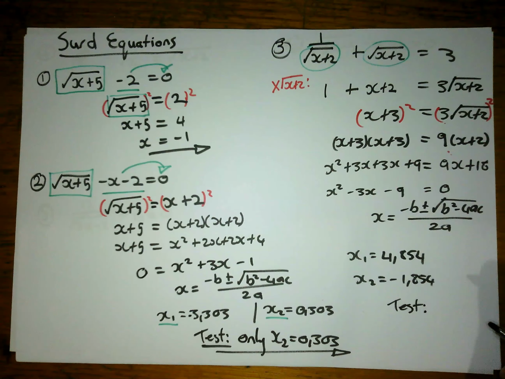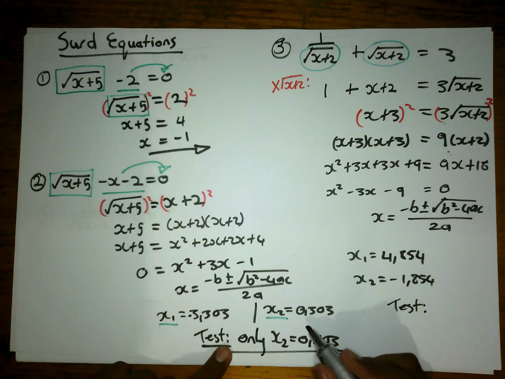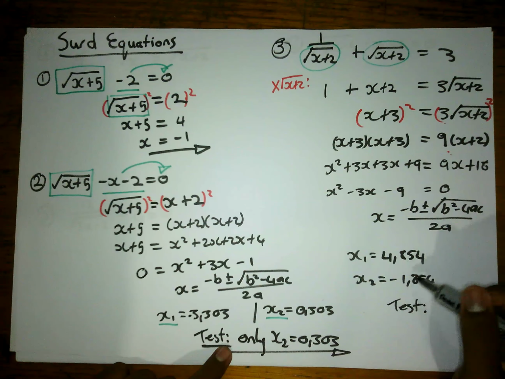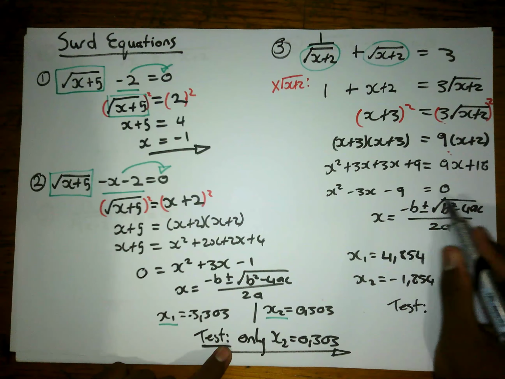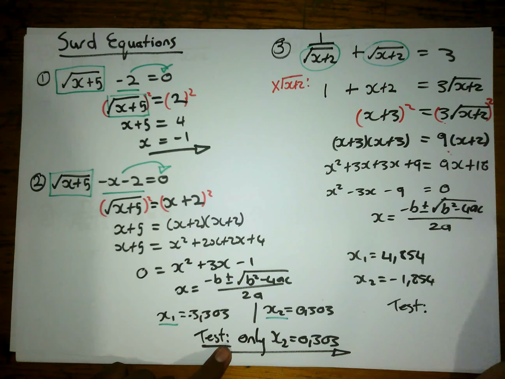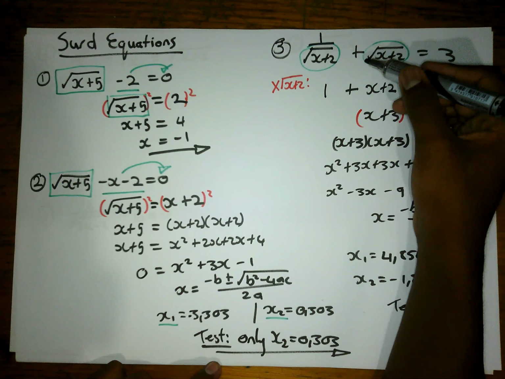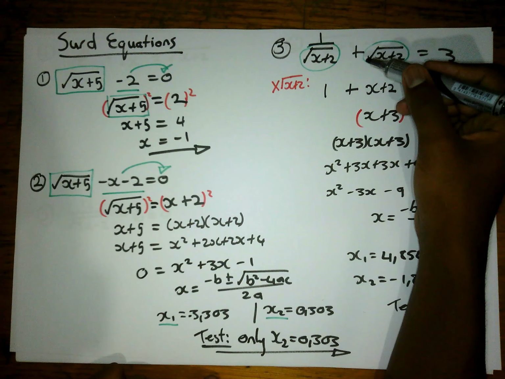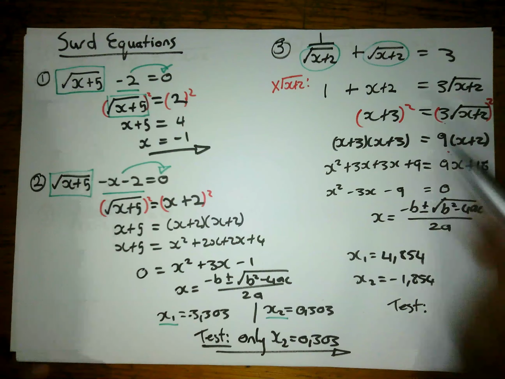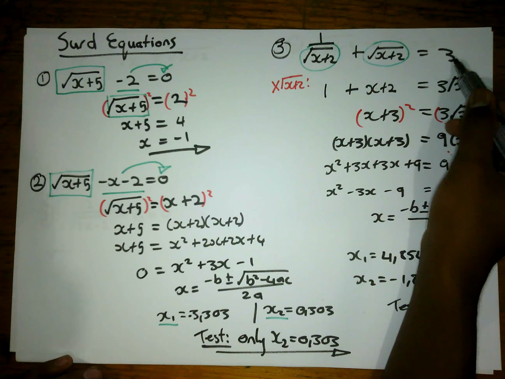We test both answers. We did it over here. We put the whole decimal. We can't just put the small decimal here. You must put the entire decimal you get from this quadratic equation. Then you substitute that entire answer in. Like I showed you guys, you just press that ANS at the bottom because you want the entire long decimal so we can get the accurate answer.